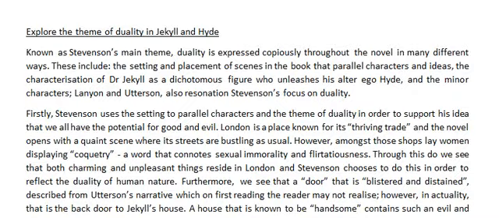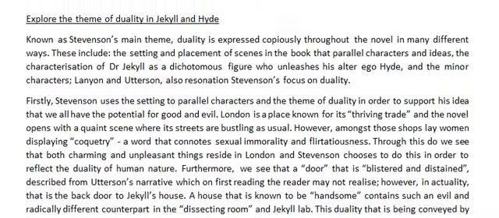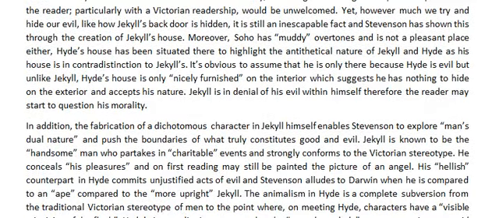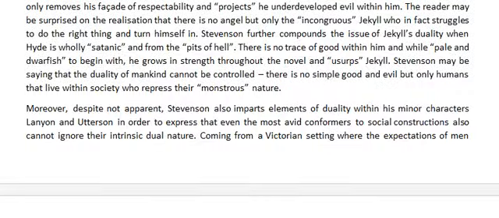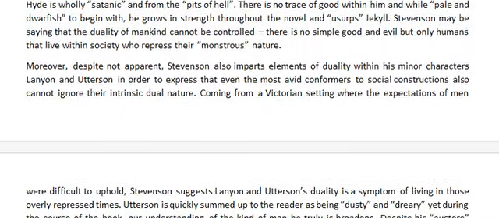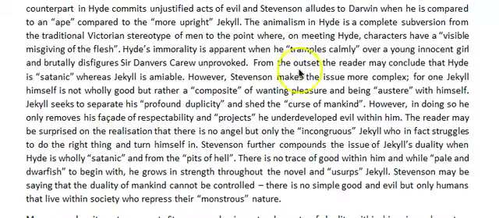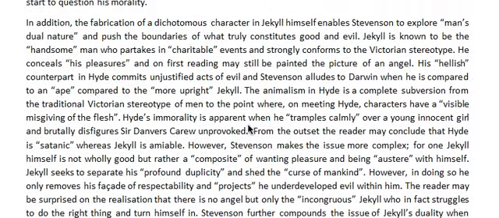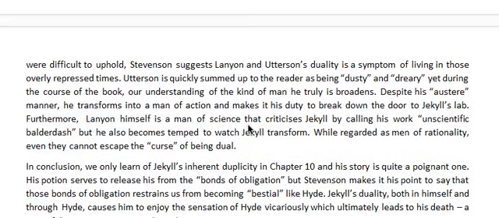That was the theory, and it was explored through the duality in the setting, and then the duality in Jekyll, and then the duality in Lanyon and Utterson. Slightly underexplored in Lanyon and Utterson, slightly overly complicated in the bit about Jekyll himself, but certainly had that line of argument which was explored all the way through.